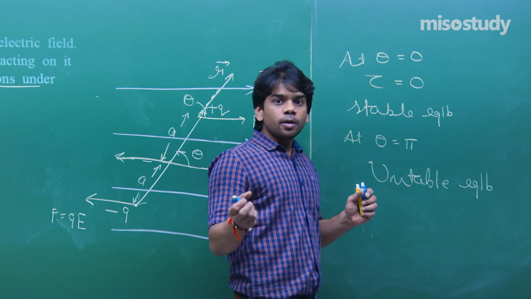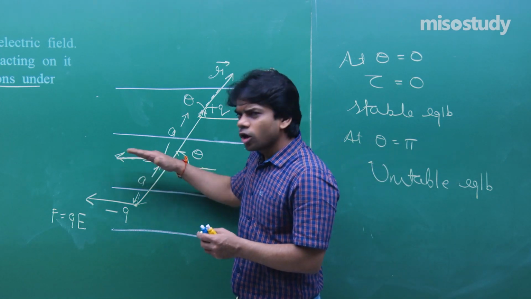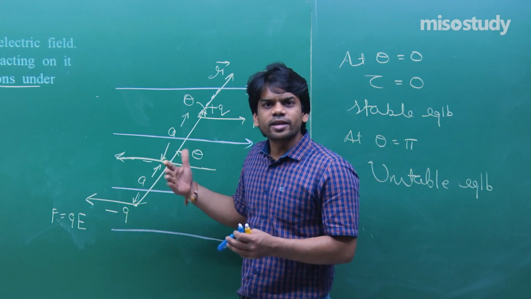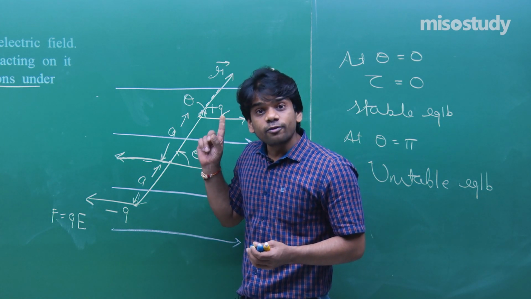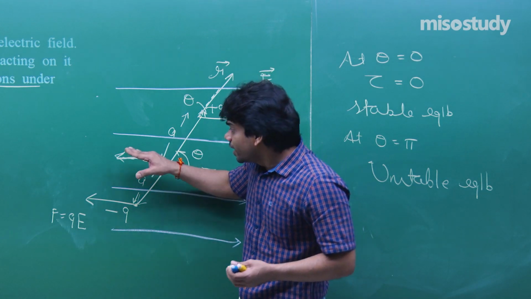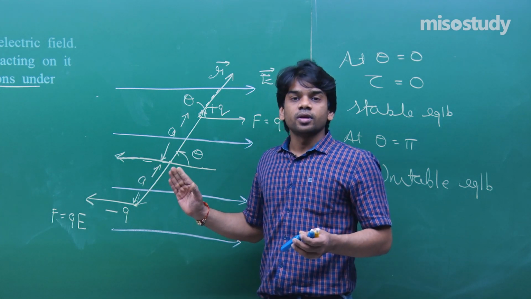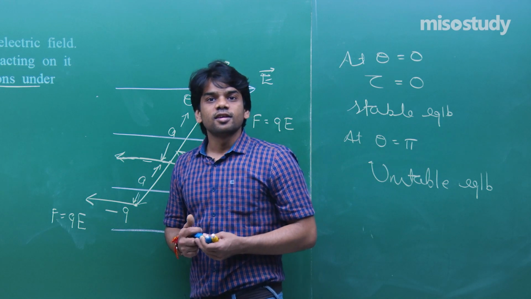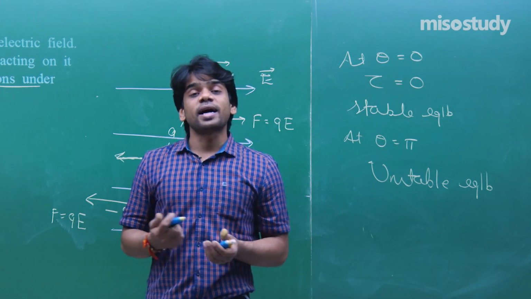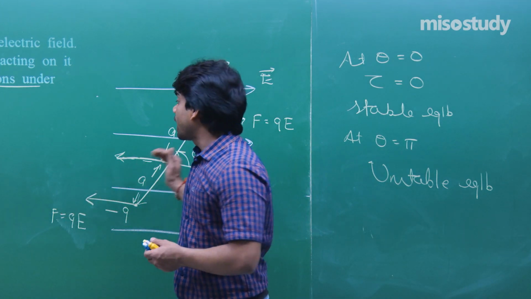Why unstable? Although you might see that the torque comes out to be 0, because sine 180 is 0, you have to understand that if a slight disturbance is given, it will automatically rotate toward the stable equilibrium sense, because the potential energy is maximum when the angle is 180 degrees.